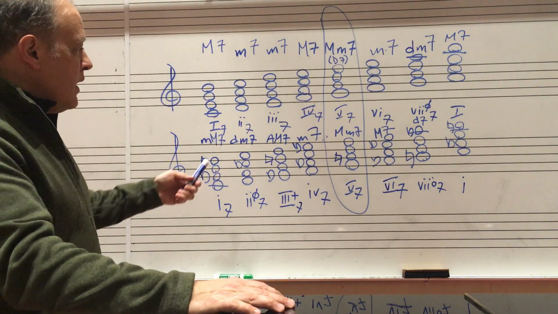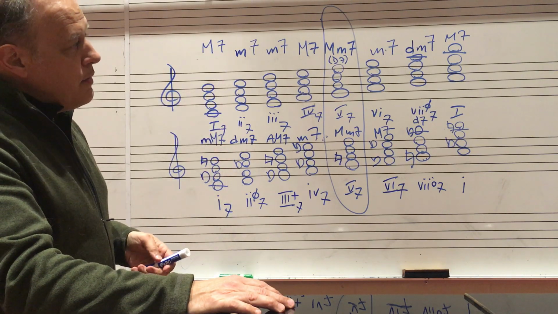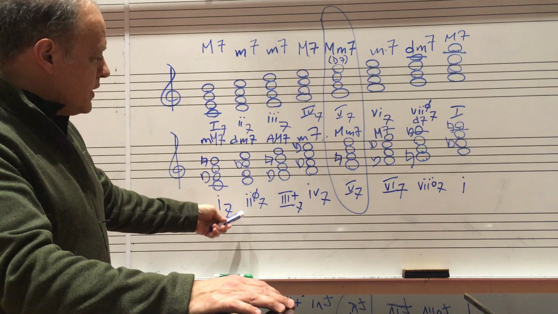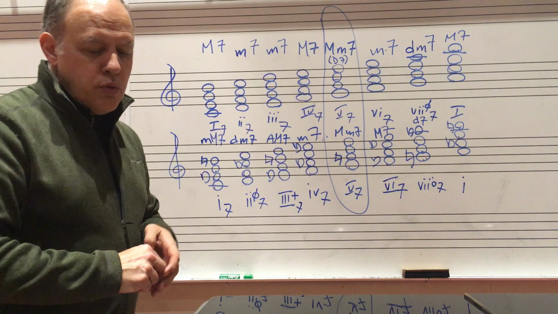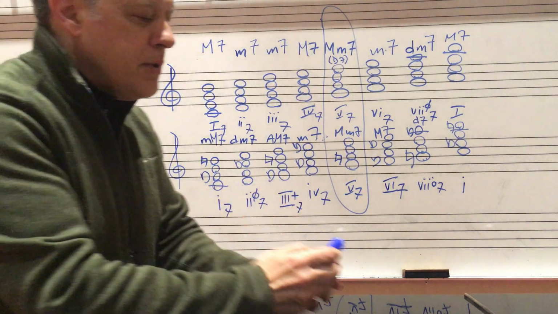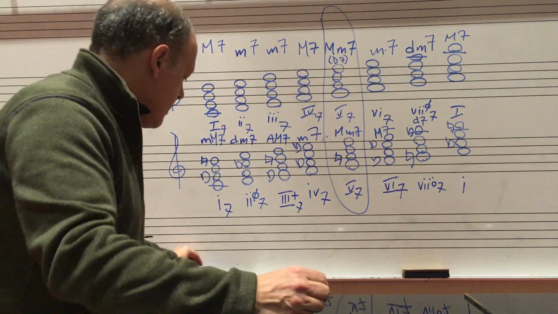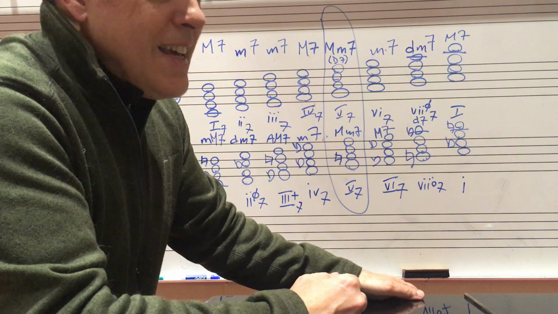Note once again that if we're dealing with a supertonic seventh in the context of the major key, it is a minor seventh. It's going to have a very different sound quality in the minor. And this is why, if you consider some of the examples that you get at the very start of the chapter on the supertonic seventh, you'll hear a lot of supertonic sevenths in a minor key.